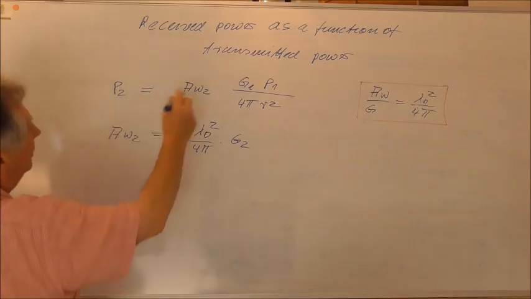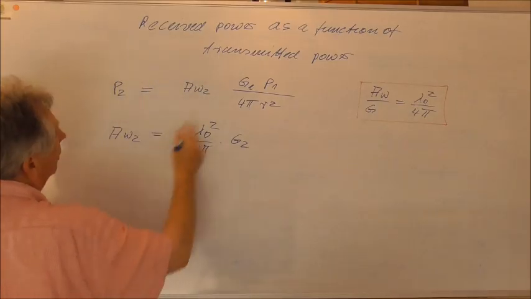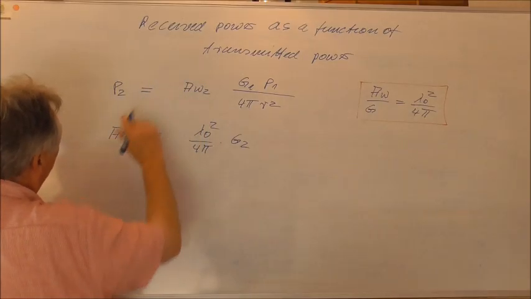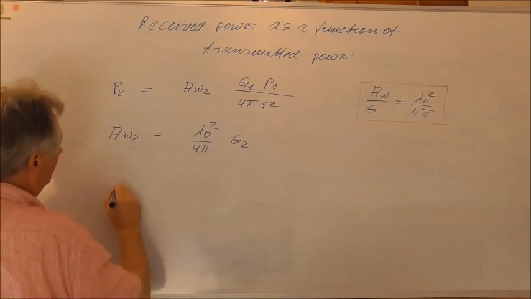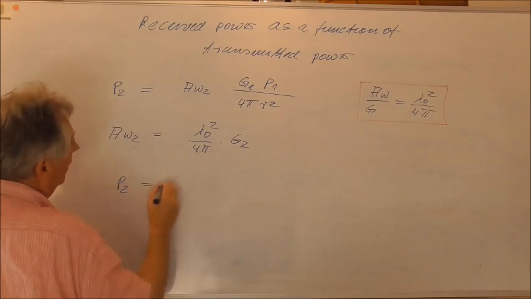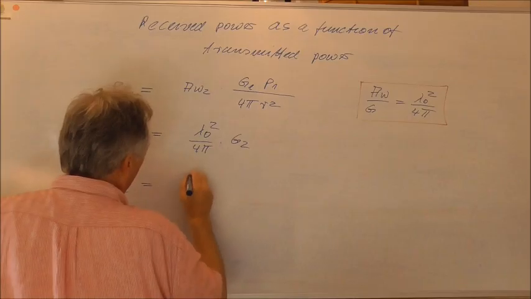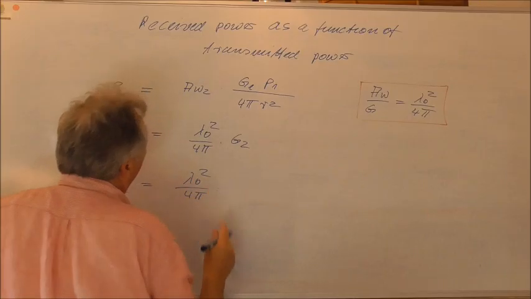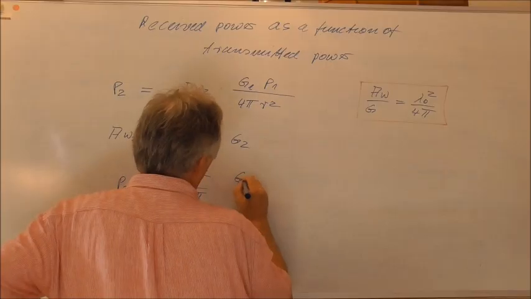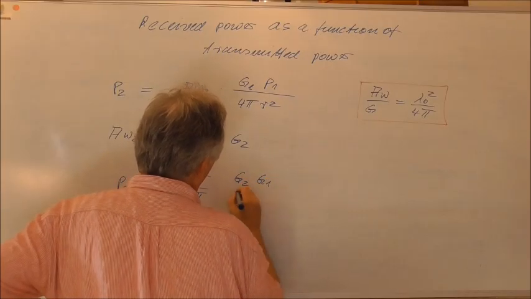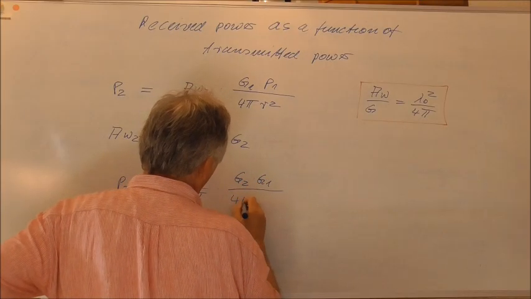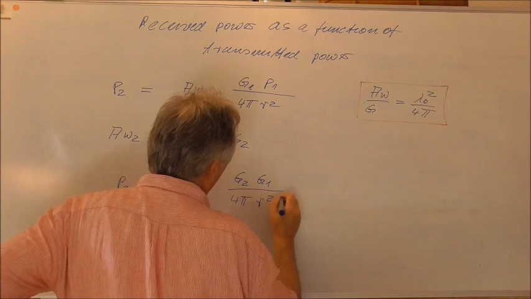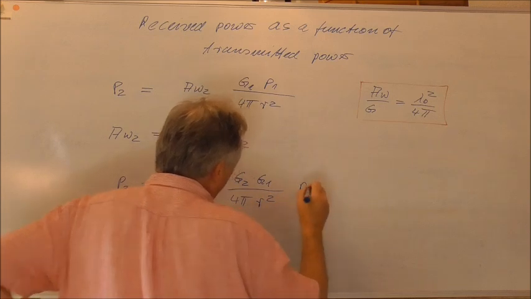So of course we can insert this into the equation for the received power. We will have lambda naught squared divided by 4 pi times G2 times G1 divided by 4 pi r squared times P1.